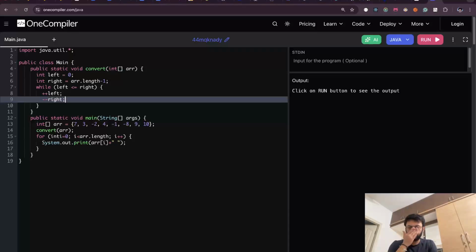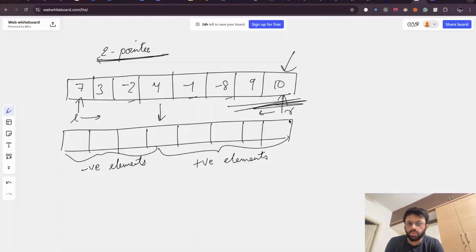While I'm doing this, for me to move all the negative numbers to the left, what do I need to do? I need to swap them. So my logic, my algorithm, will be something like this. There are four possible conditions for my left pointer and my right pointer.